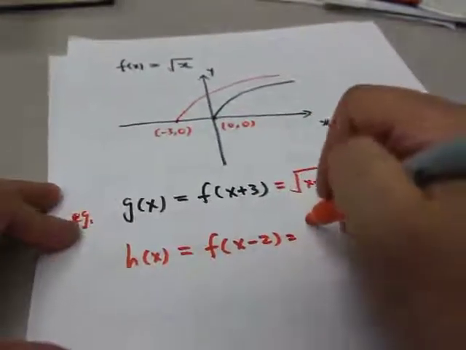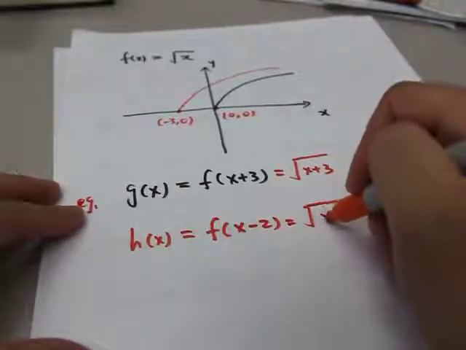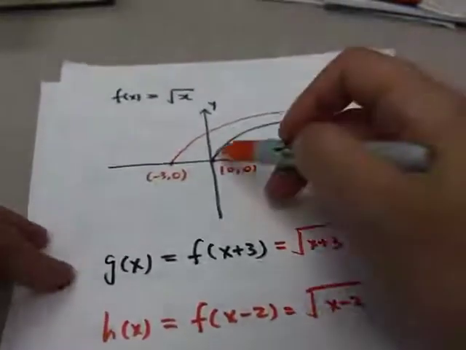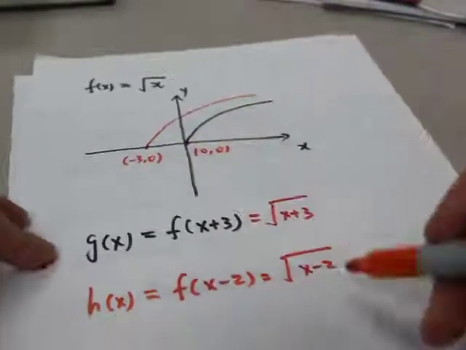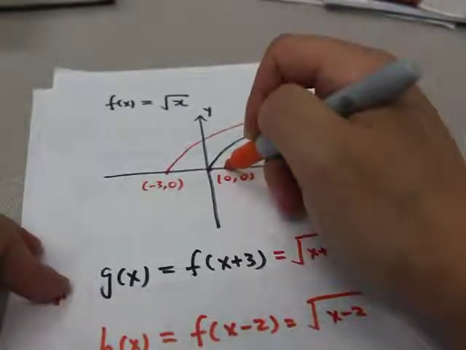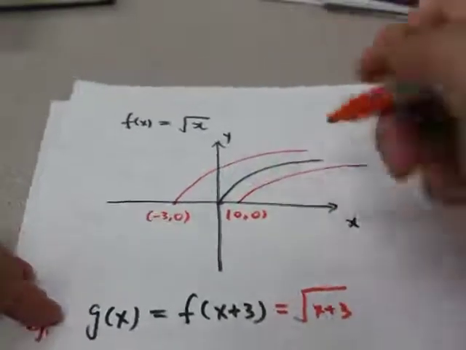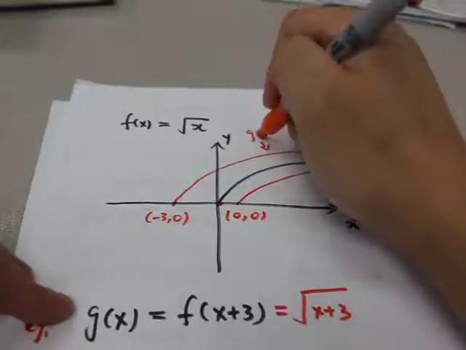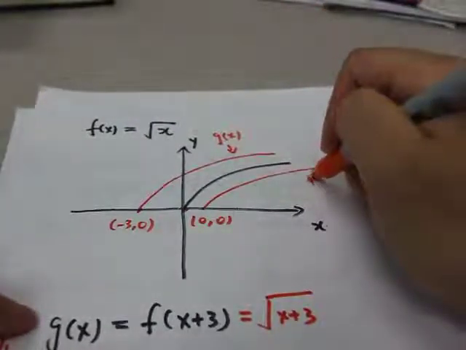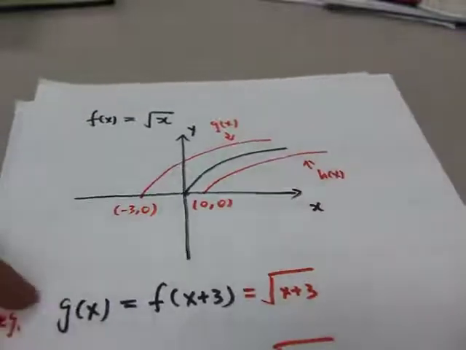This is like graphing the function the square root of x minus 2. So this time I'm going to shift the function to the right for 2 units. So I'll get this. Okay. So this is g of x, and this is h of x.